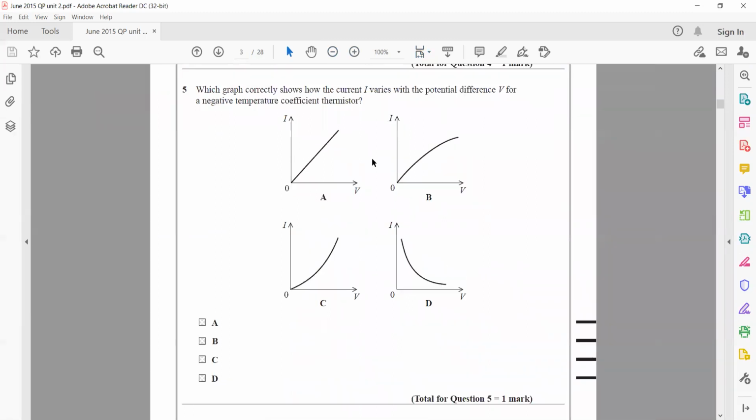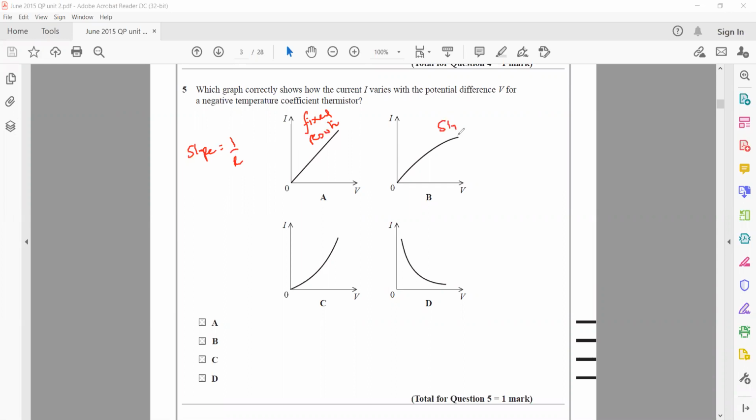Question 5. Which graph correctly shows how the current varies with the potential difference for a negative temperature coefficient thermistor? When current is on the y-axis and voltage on the x-axis, the slope of these graphs represents 1 over R. So here the slope is constant, it means it is a fixed resistor.